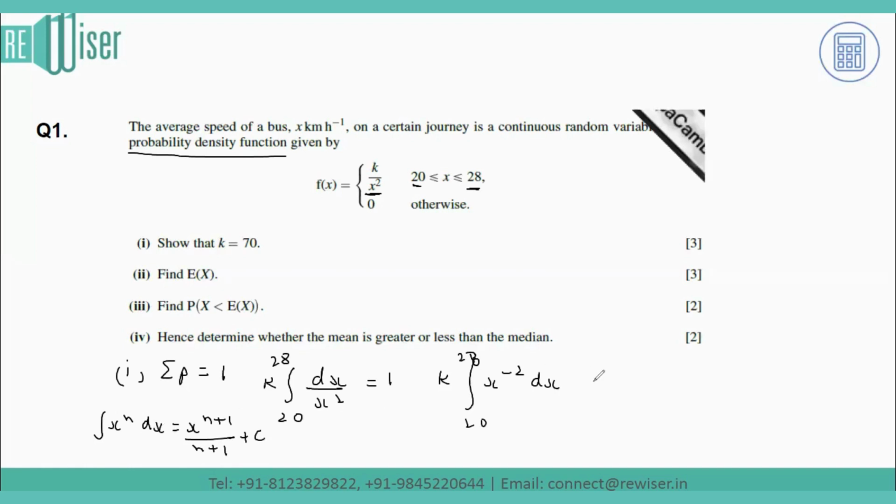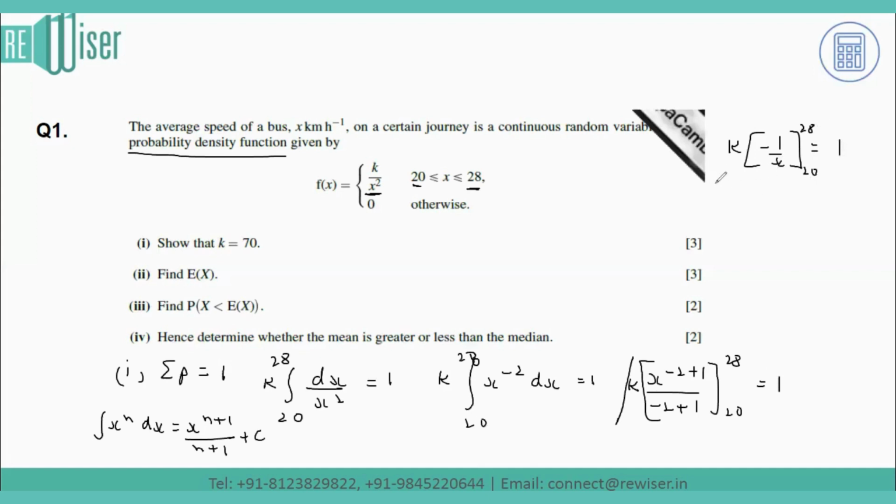So I'll get x to the power minus 2 plus 1 by minus 2 plus 1, and the constant k outside. If I solve this out, I'll get k into minus 1 by x, equal to 1, the lower limit being 20 and the upper limit being 28.